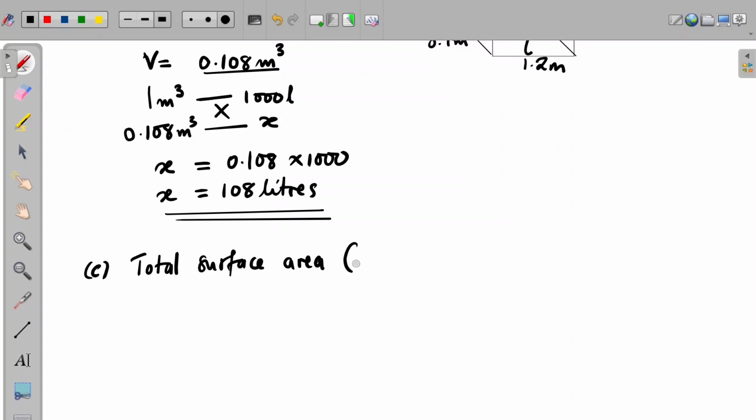Which is sometimes abbreviated as TSA, total surface area. Now, of what? Total surface area of a cone.